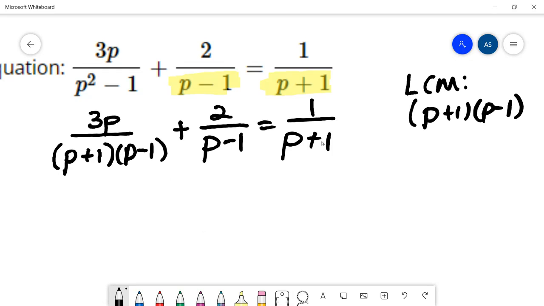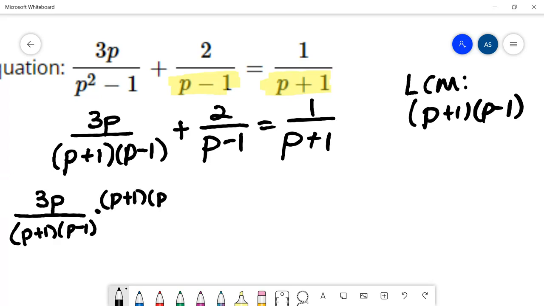So the first, 3p over p plus 1 times p minus 1, we're going to multiply that by our least common multiple, p plus 1 times p minus 1. The next term, 2 over p minus 1, times the least common multiple, p plus 1 times p minus 1.